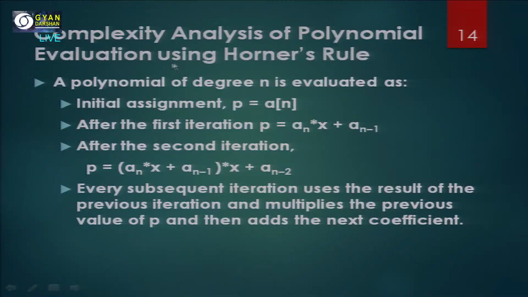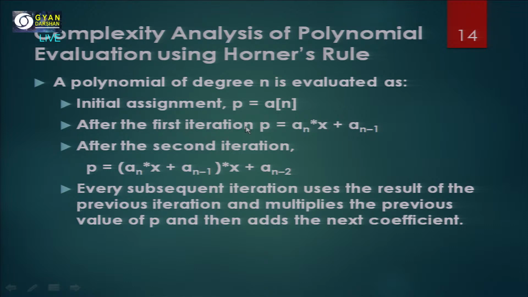So let's look into the complexity analysis of polynomial evaluation using Horner's rule. Well, a polynomial of degree n is evaluated as follows. There is an initial assignment, where we assign the value of an to p.